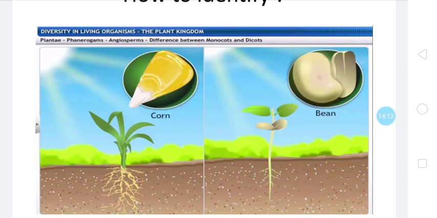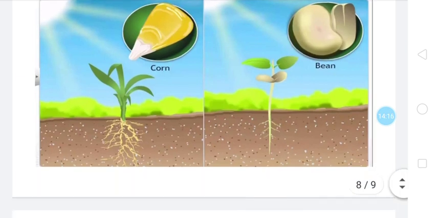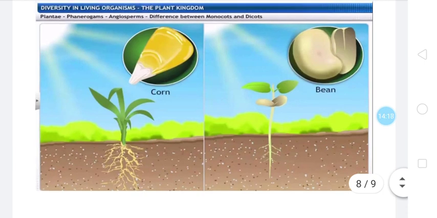Then how do we identify whether hibiscus is monocot or dicot? Bamboo too, we have never seen its seeds. The question is absolutely right, so here I am going to give you some tricks.